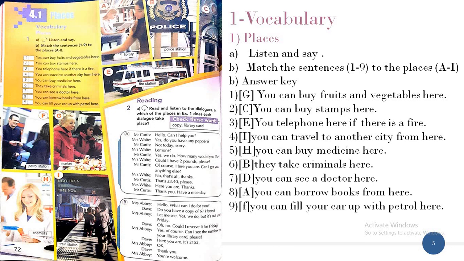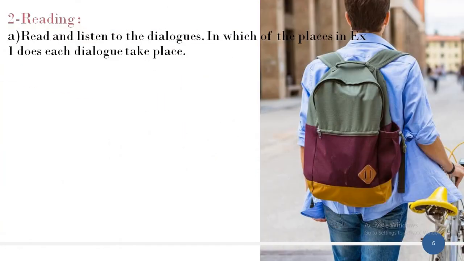You can fill your car up with petrol here. So it's a petrol station. Please make sure you repeat all the sentences after me and you read all the sentences by yourself for more understanding. Now let's move to reading.